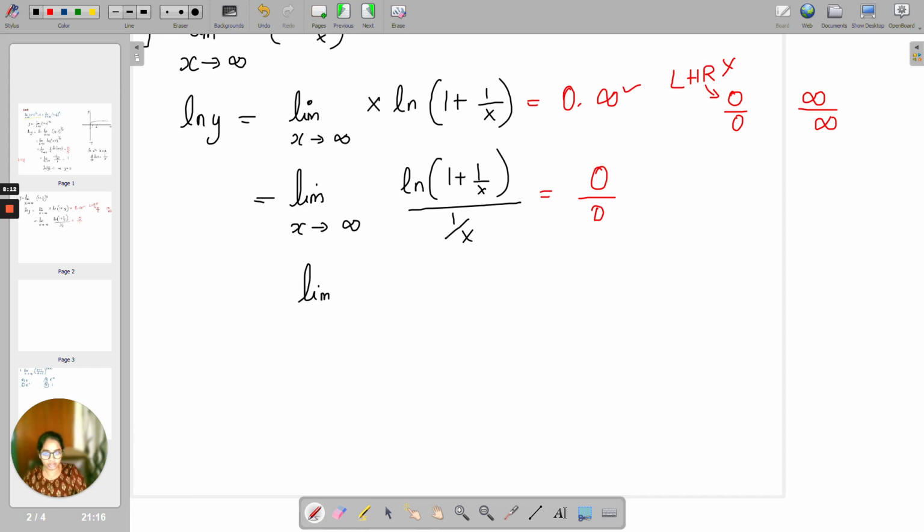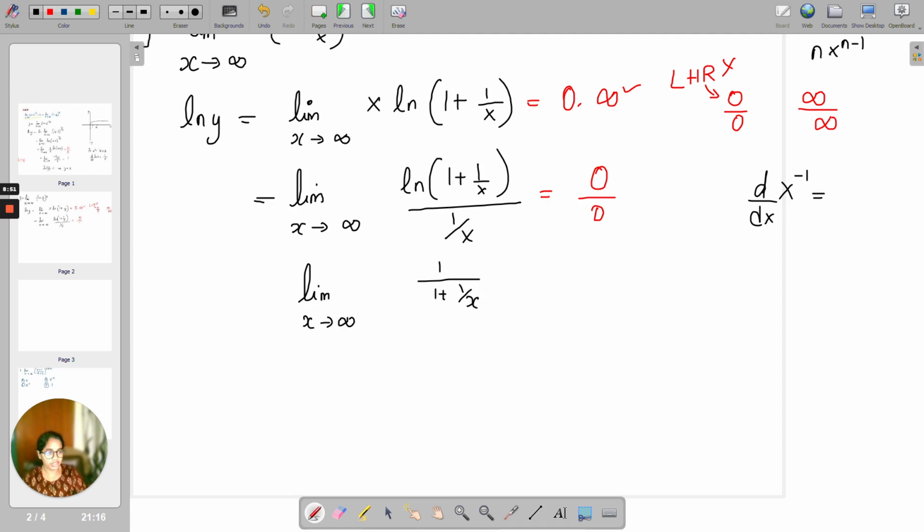On differentiating the numerator, I would get 1 divided by (1 plus 1 divided by x) into the differentiation of 1 divided by x, right? What is the differentiation of x to the power minus 1, which is nothing but 1 divided by x? In general, the differentiation of x to the power n is equal to n x to the power n minus 1.